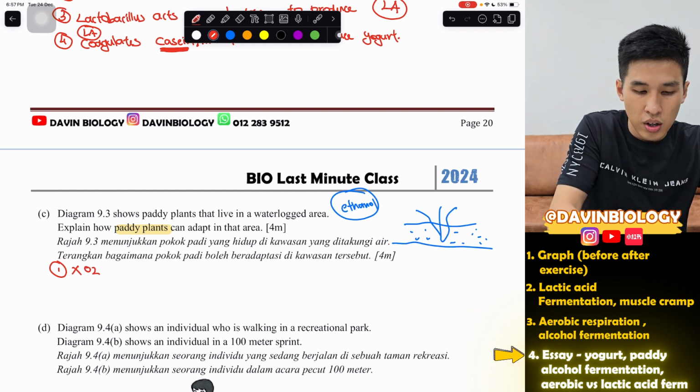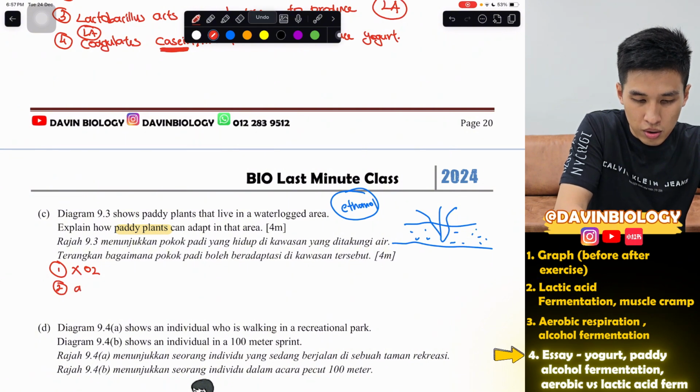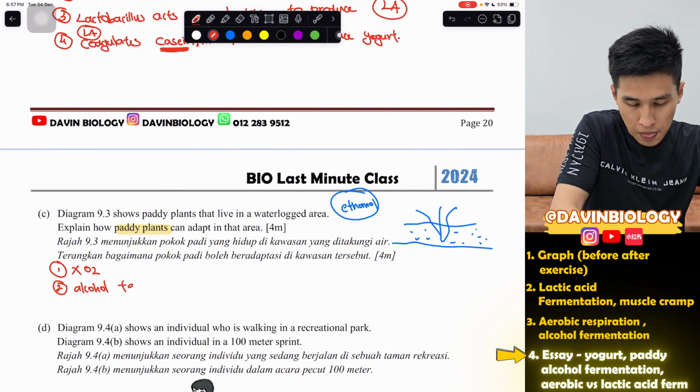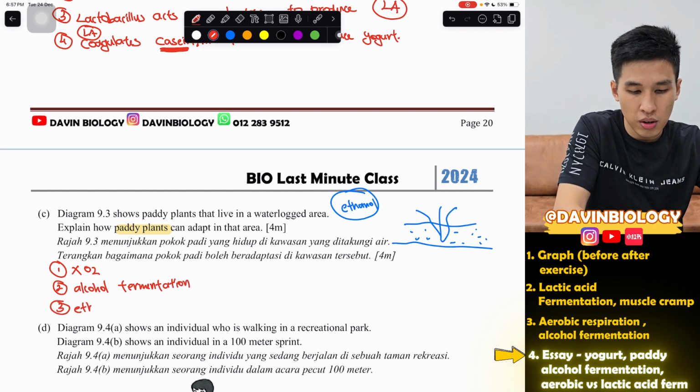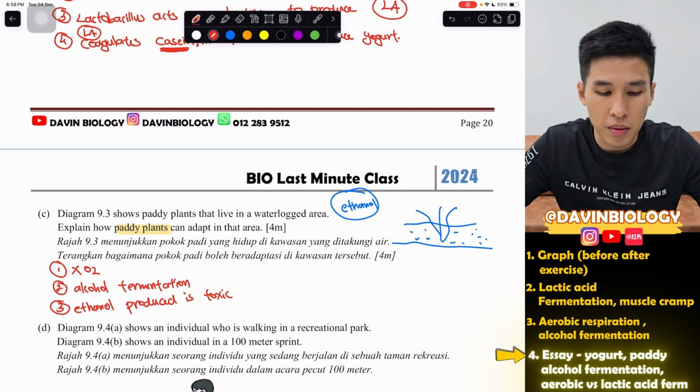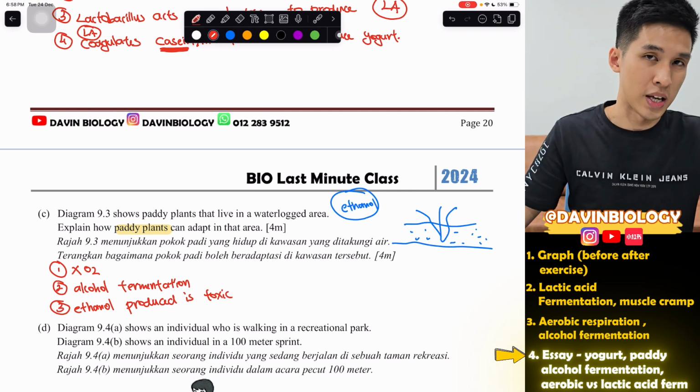So therefore, it will carry out alcohol fermentation. Okay, then of course, you mention the ethanol produced is toxic. But why won't they die compared to normal plants?